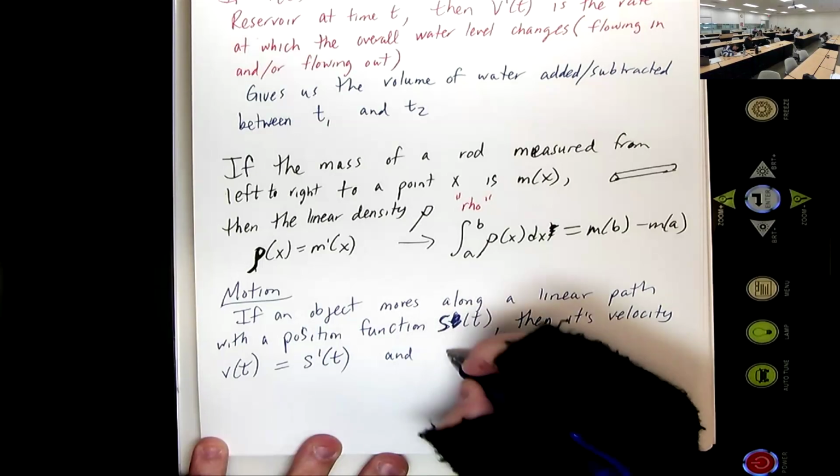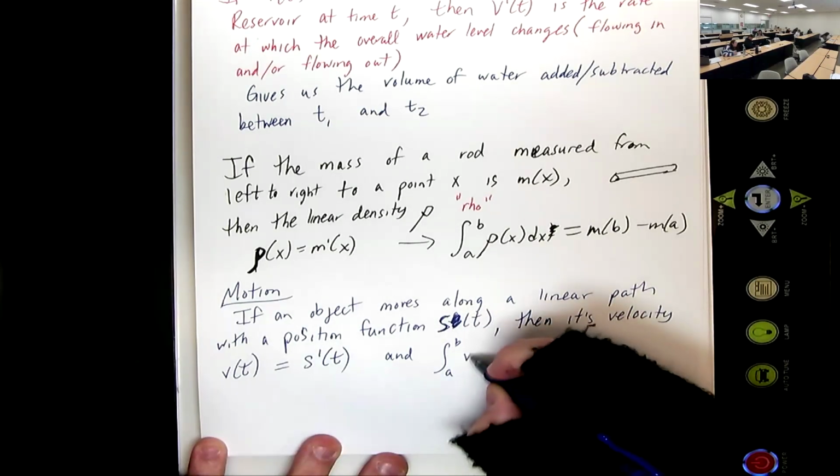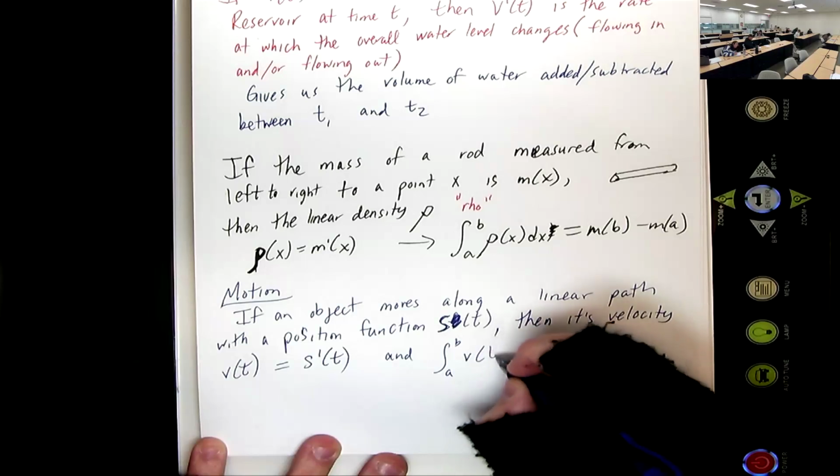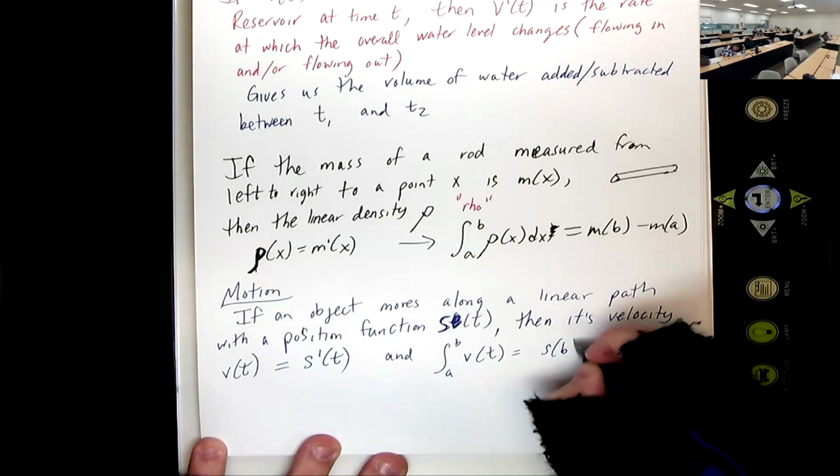And if we integrate from a to b of v of t, we get s of b minus s of a.